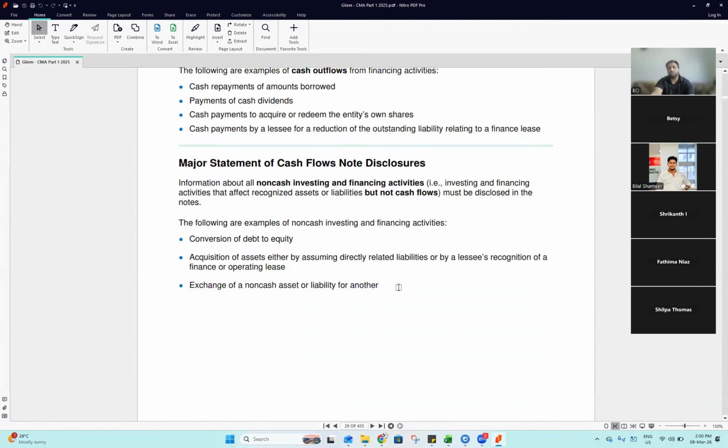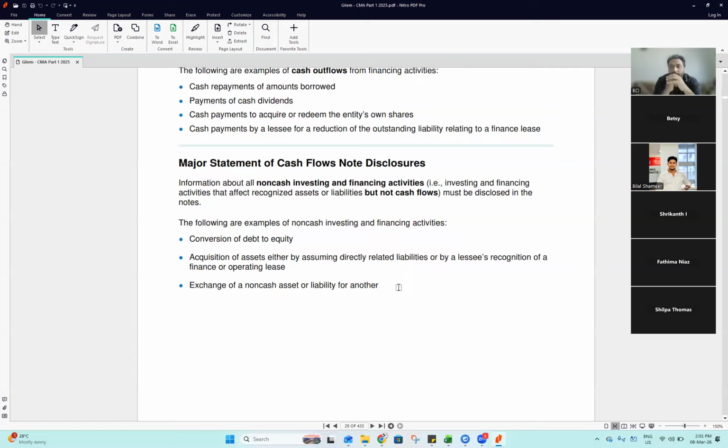Then what are the disclosures you have to show in your cash flows? Information about all non-cash investing and financing activities, that is investing and financing activities that affect recognized assets or liabilities but not cash flow. Now, my question is, when you issue dividends to shareholders, that is a property dividend, should we show it in the notes or not?